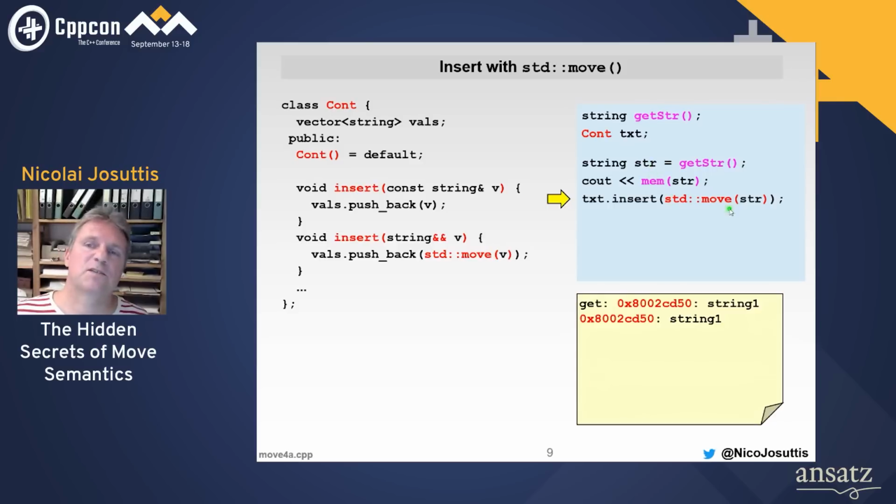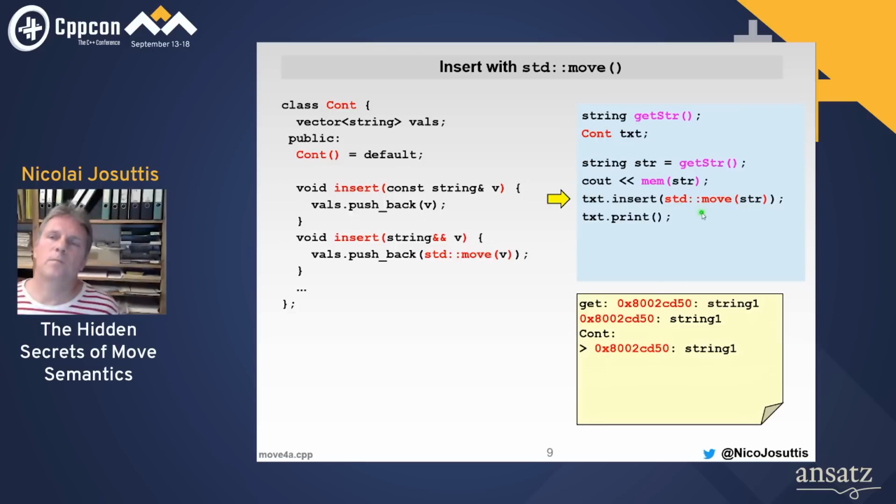If you need an object twice, you need a name for it, whether the name is a value or a reference doesn't matter. But if you need the same object twice, you can't do that normally without any big effort. And in this case, that means we now qualify str here with move to say we no longer need this value.